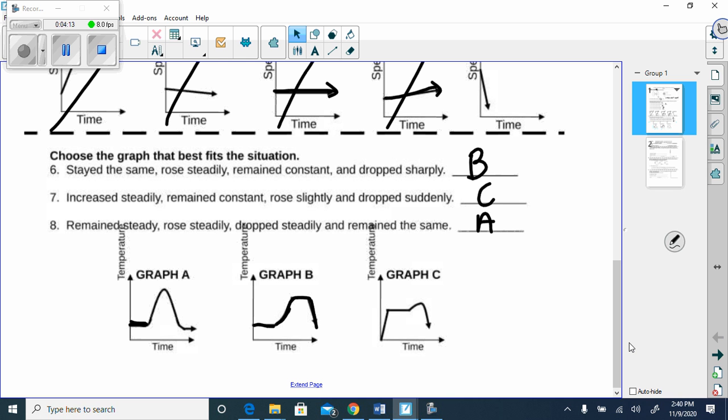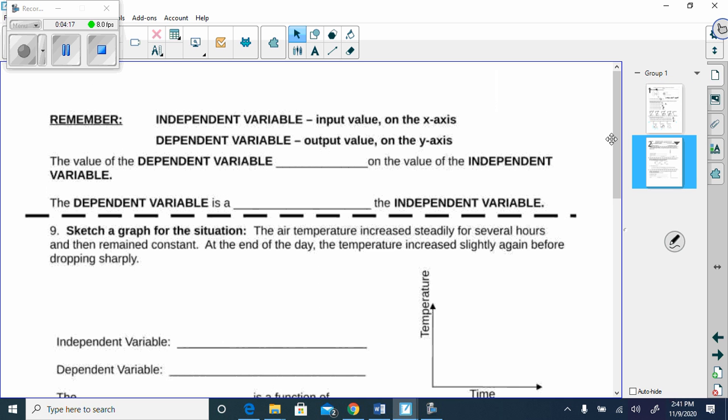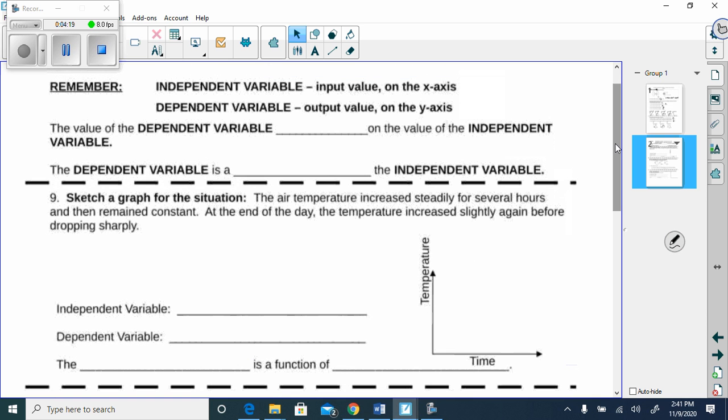All right, let's flip it over on the back. Okay, it gives us a little reminder here that independent variables are our x. Dependent variables, the output, are the y. It says the value of the dependent variable, our word here is depends on the value of the independent.